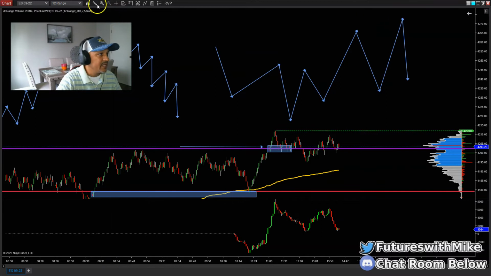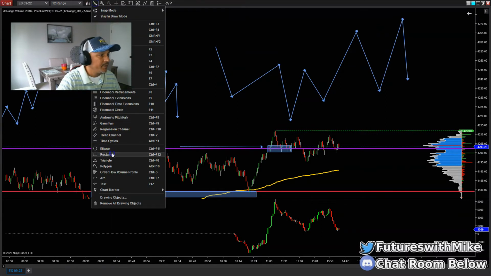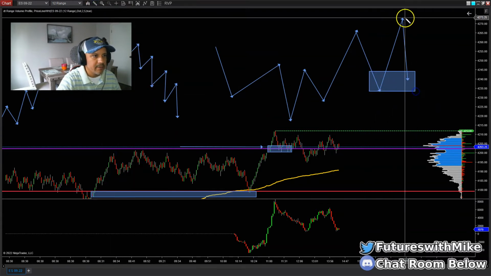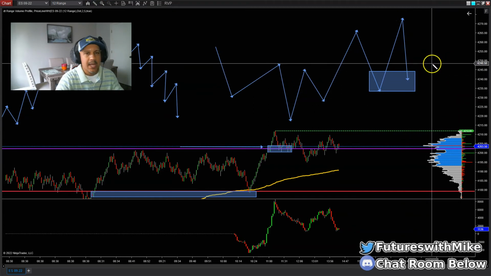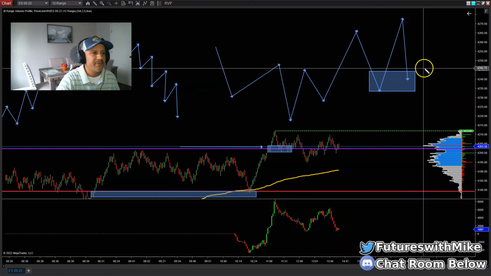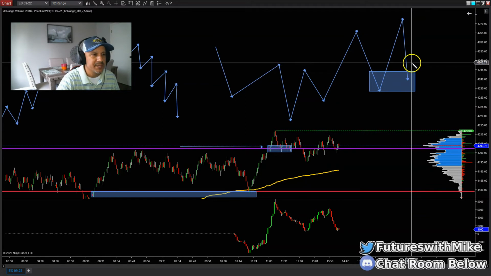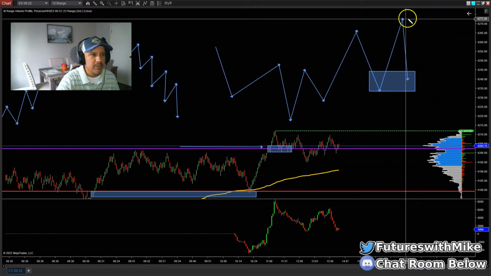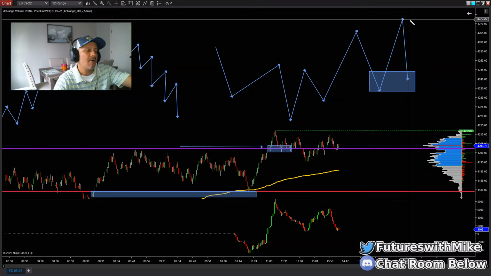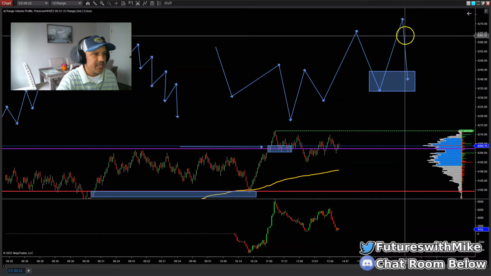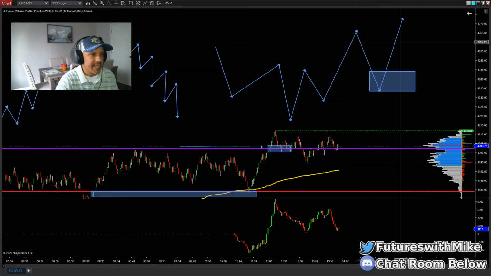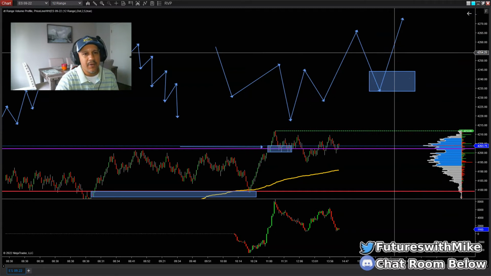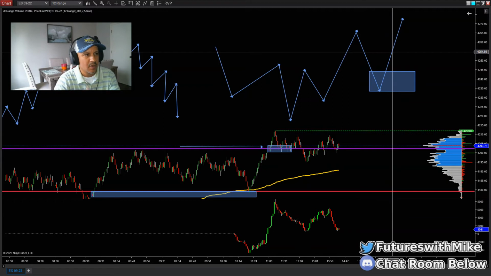In this instance, this is what I would probably mark off as an area of demand right here. Price pulls back right here. I scale down to my lower time frame to see if we get the full-on rejection with the structure breaking back to the upside. Pull back, go long, taking it back to the highs and possibly higher, right? So you have to be able to see and understand, looking at the higher time frame, are you still in a structured move to the upside or to the downside?